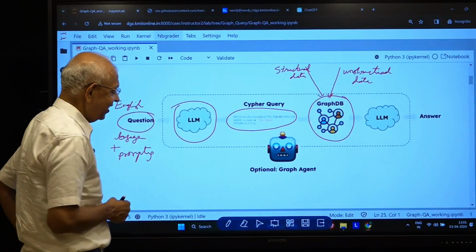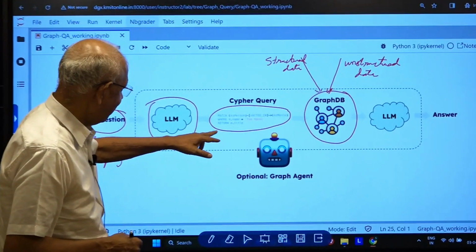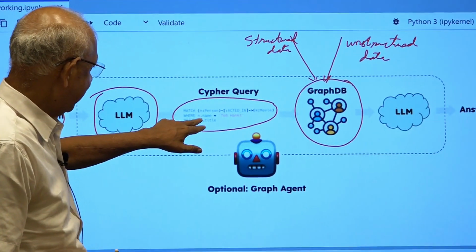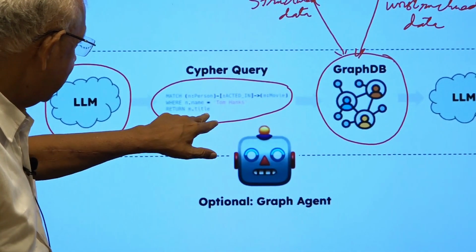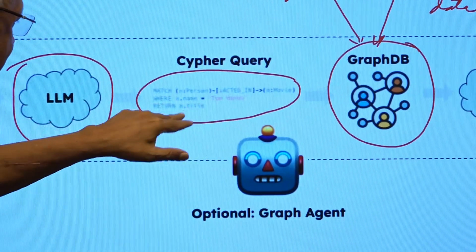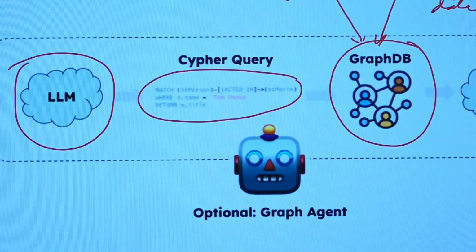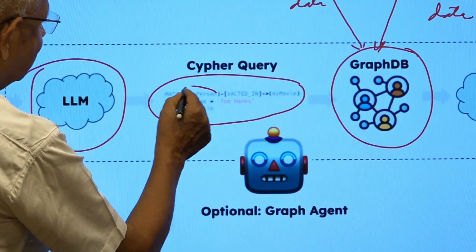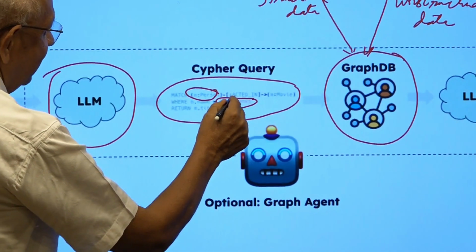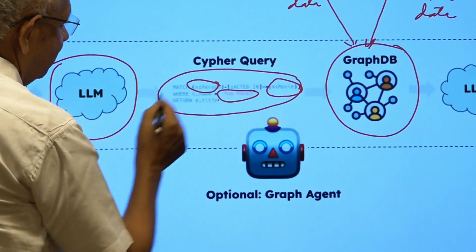The Cypher query is, for example, in this case, I do not know how visible it is, but we are seeing where n.name is Tom Hanks. So we are asking which movies Tom Hanks has acted in. We are fixing this person as Tom Hanks, and we are asking which relationship Hanks has with movies.